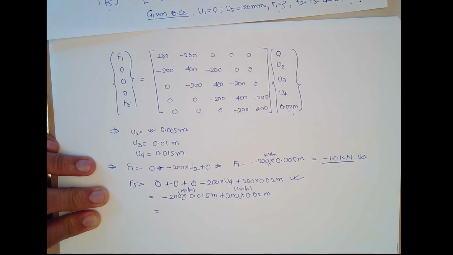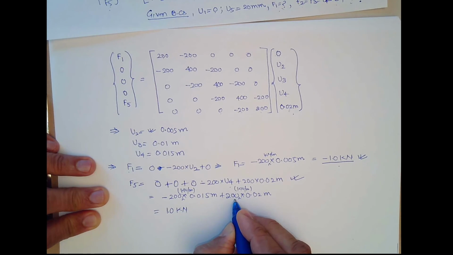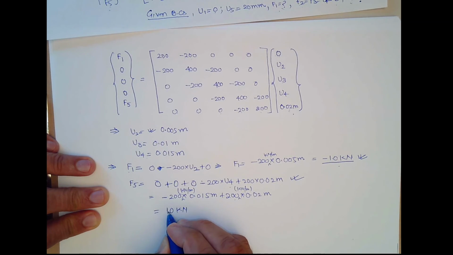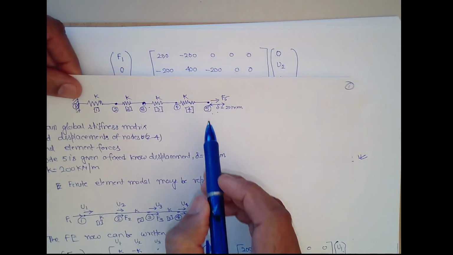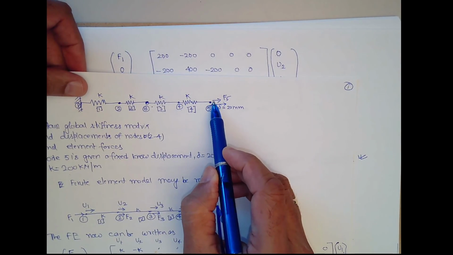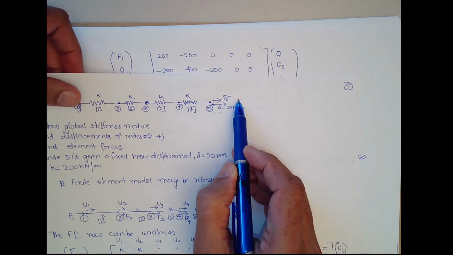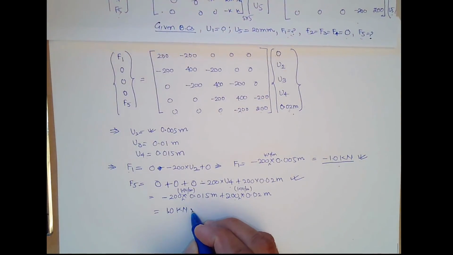The net force comes as 1 kilonewton. Positive 1 kilonewton means the direction shown is the right one, in the positive x direction. So I got this F5.